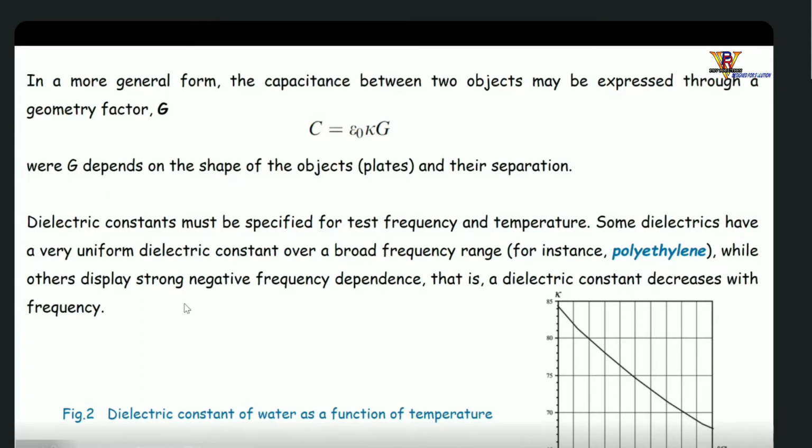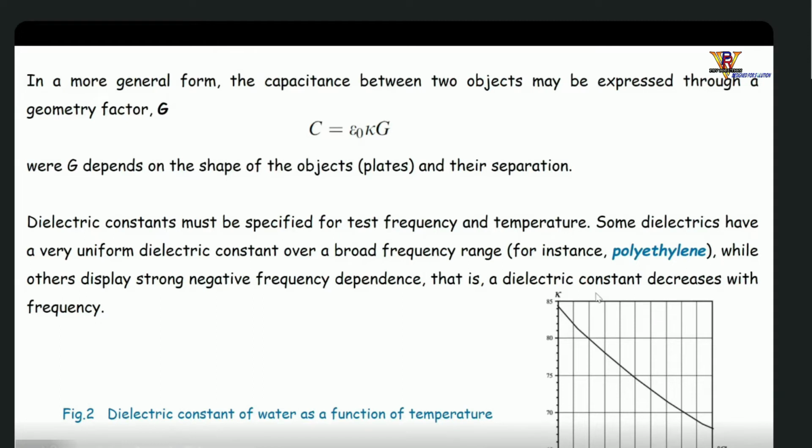So this variation, dielectric constant versus temperature, is shown in figure 2. So here, what is depicted? The dielectric constant of water. If water is filled between two plates, and the environment temperature changes, or our temperature changes due to some other reason, what happens to the dielectric constant?